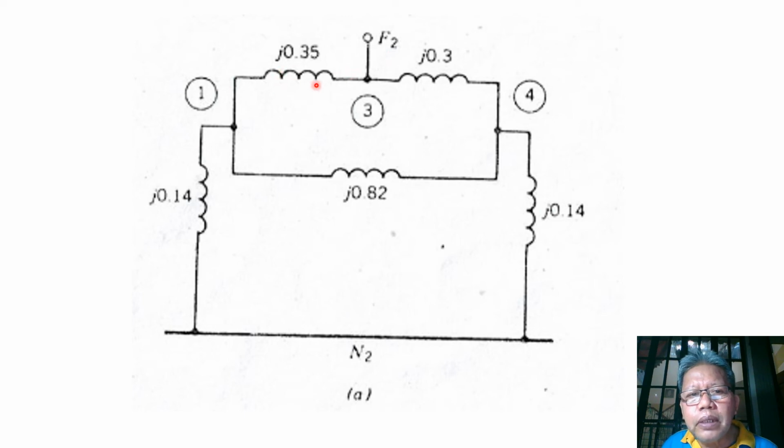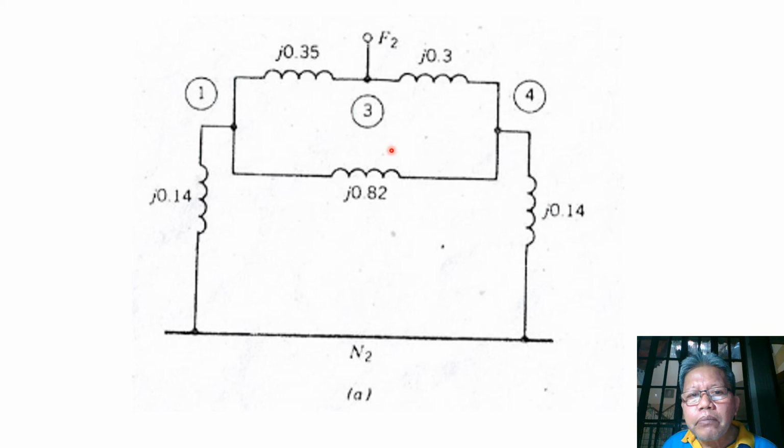Now at the left we have this equivalent impedance, the sum of the two, so we have 0.35, and at the right we still have this 0.3, and at the bottom we have three reactances before. Their sum is 0.82, and this is for generator 1 and this is for generator 2.